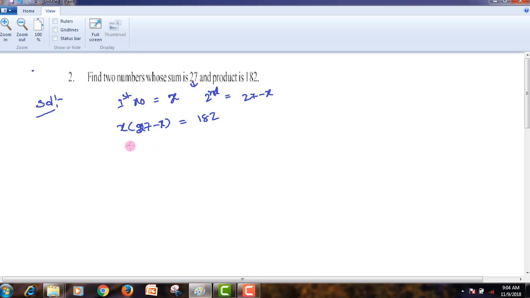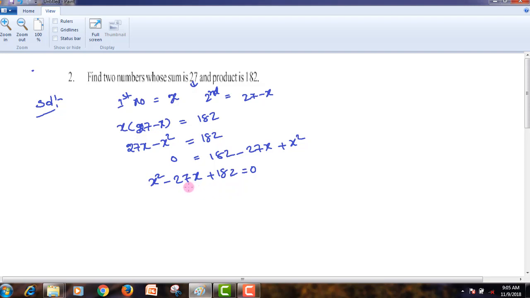Then 27x minus x square gives you 182. Now, on transposing all terms to one side of the equation, we write 0 is equal to 182 minus 27x plus x square. We can write it as x square minus 27x plus 182 is equal to 0. This is the required equation.